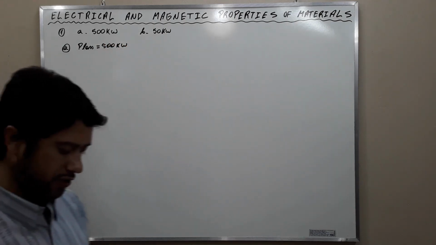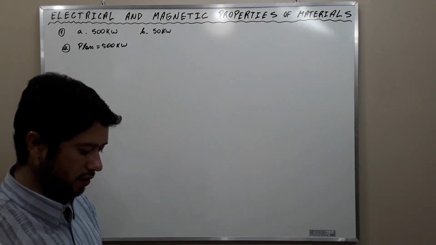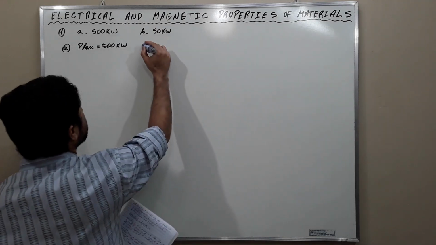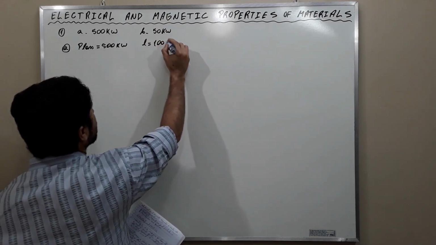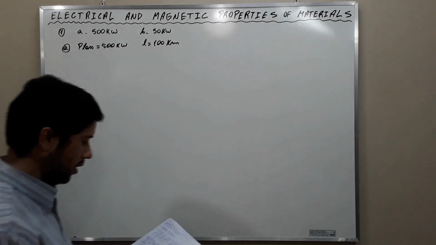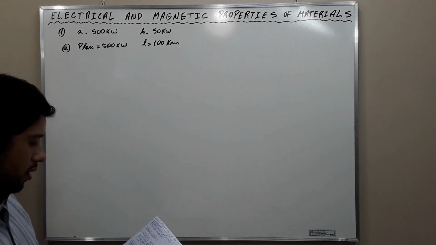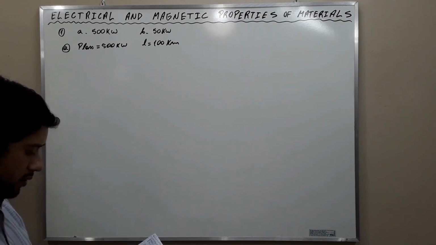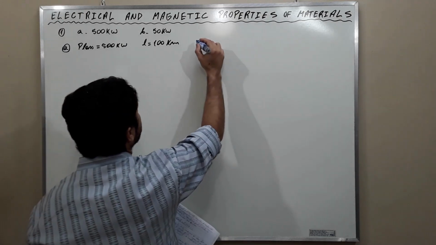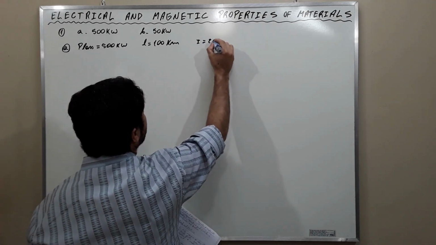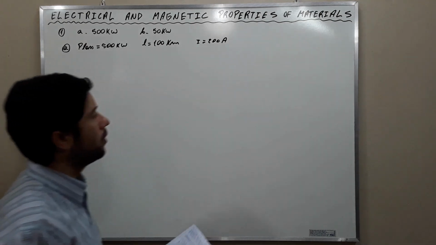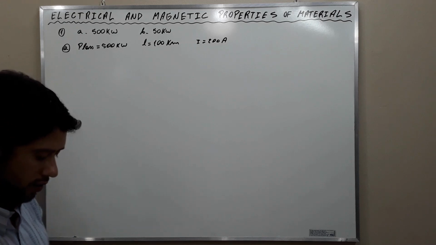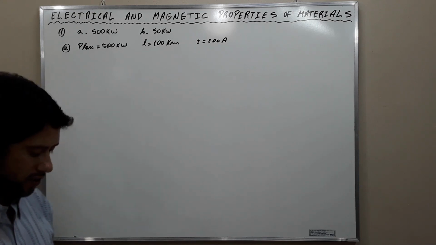The exercise said that the transmission cable is 100 kilometers long, and that it must carry a current of 200 amps. The cable needs to be able to support this current. This is the requirement of the exercise.